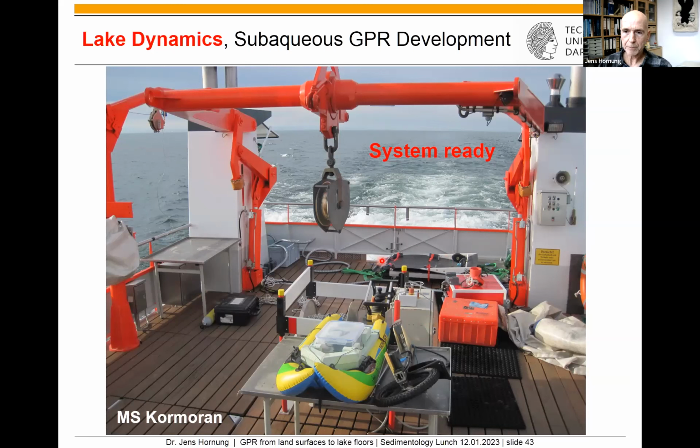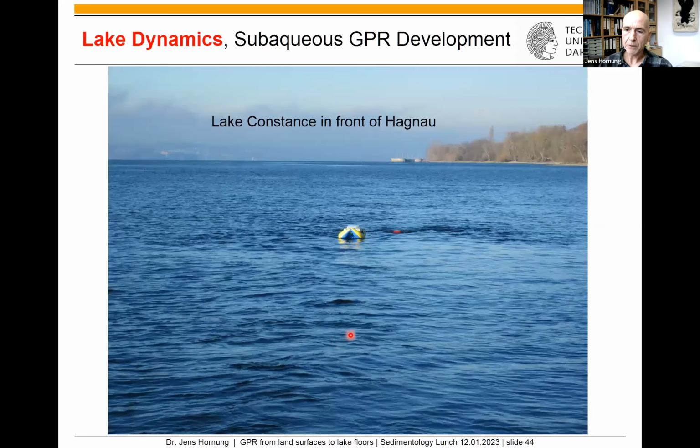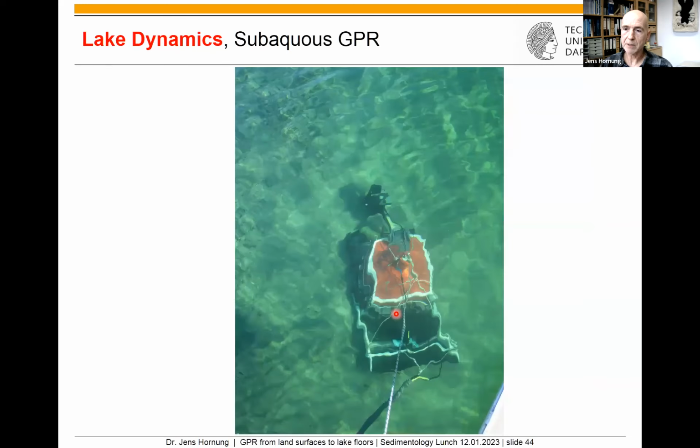This is a sledge, and we have a survey wheel for controlling the system, and for underwater positioning a boat with a GPS survey on top. In the end, you will see from the GPR only that GPS boat and the buoy where we can bring in the system and take it out from the lake. So the rest of the system is submerged in the water.